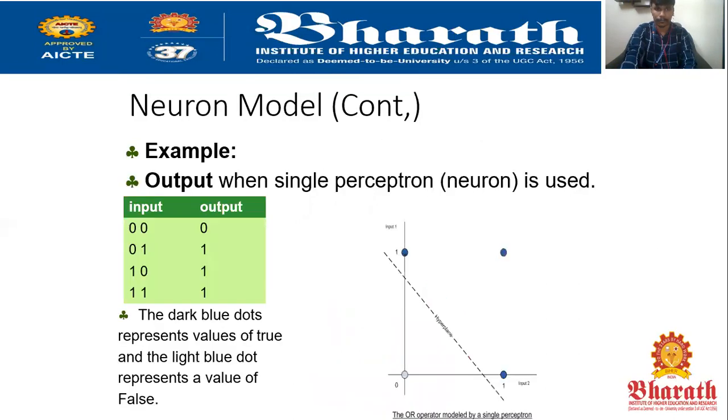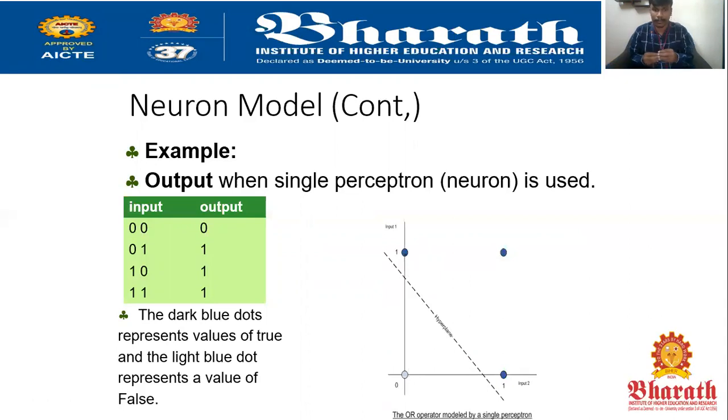By this activation function formula only, activation of the neuron is carried out by the output layer part of the neuron. And for example, when a single perceptron neuron is being used, the dark blue dots seen in this structure will represent the value of true, and the light blue dots will represent the value of false.